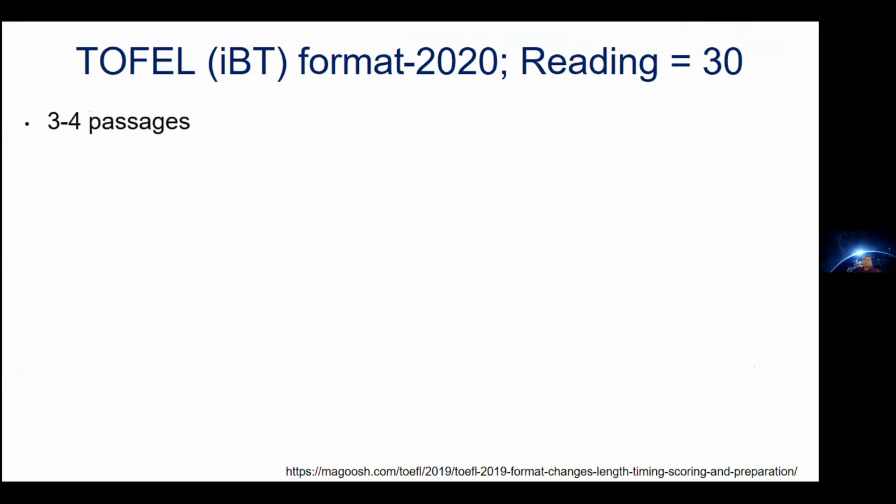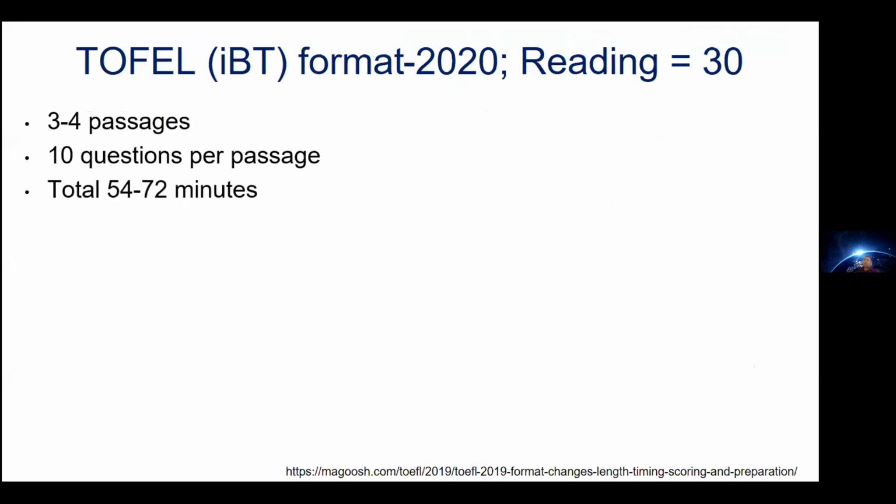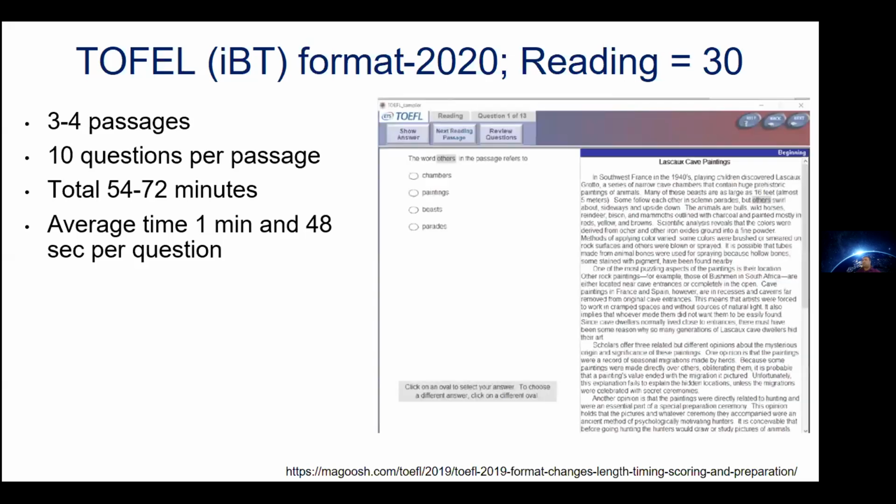Usually it comprises 3 to 4 passages, and each passage would have 10 questions. The total time is 54 minutes if there are 3 passages, and if there are 4, then it is 72 minutes. So the average time per question is 1 minute and 48 seconds. And usually how this appears during the test: you get your paragraph on the right side, and then you read.